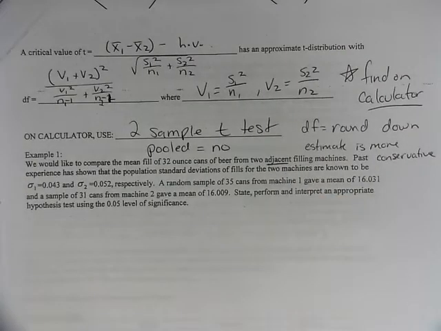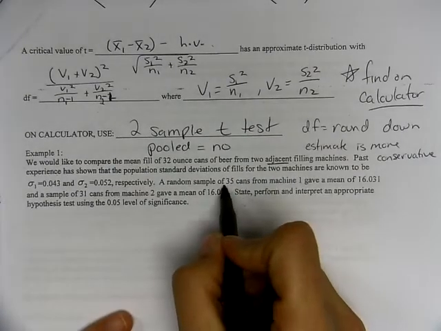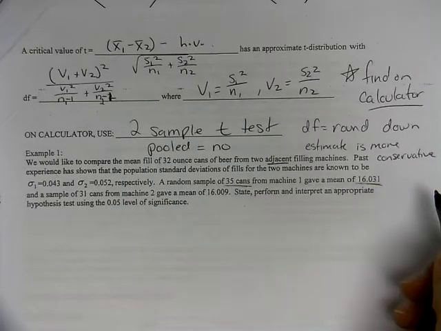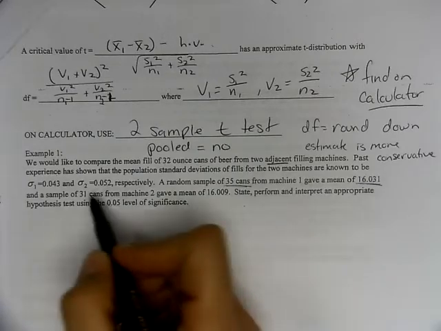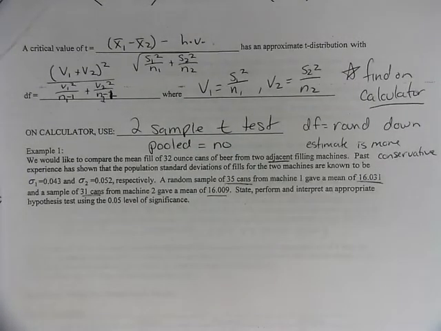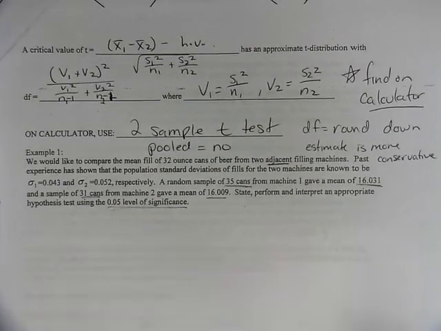Past experience has shown that the population standard deviations of the fills of the two machines are known to be 0.043 and 0.052. A random sample of 35 cans from machine 1 gave a mean of 16.031, and a sample of 31 cans from machine 2 gave 16.009. State, perform, and interpret an appropriate hypothesis test using a 0.05 level of significance.